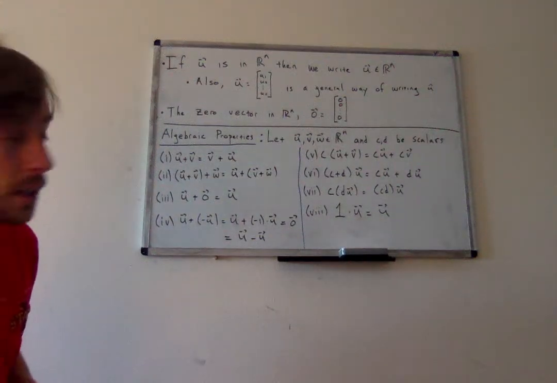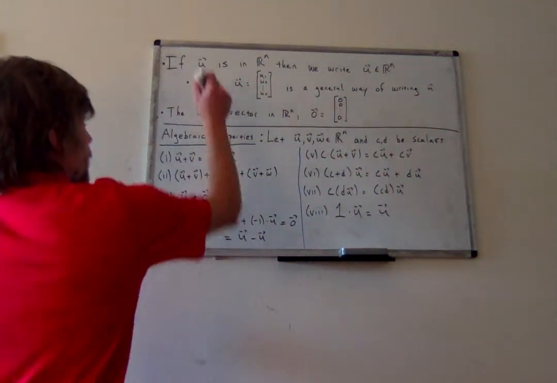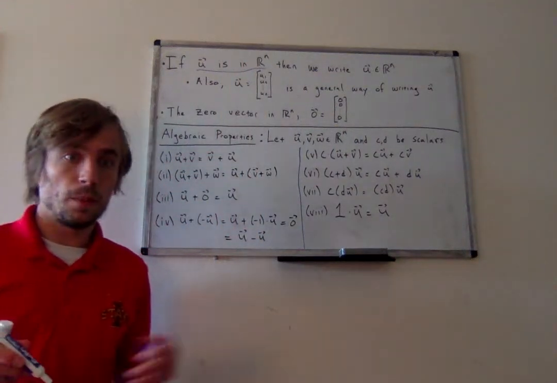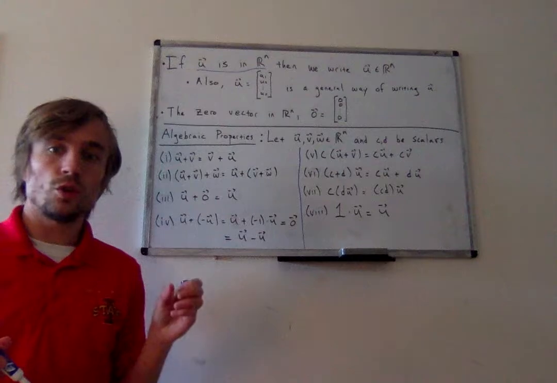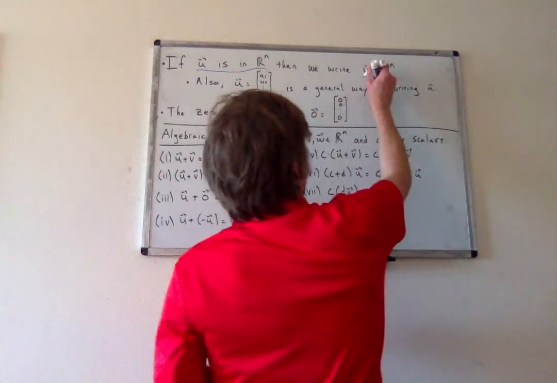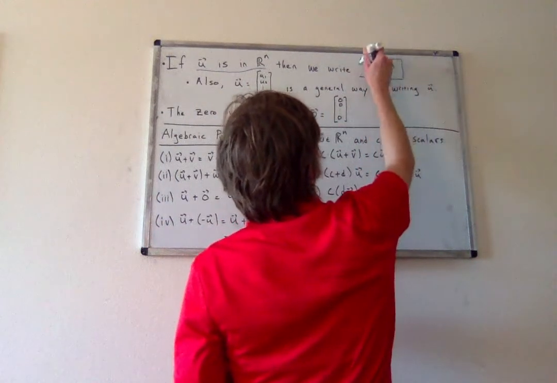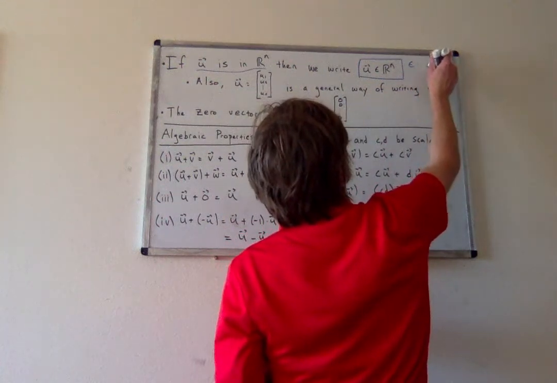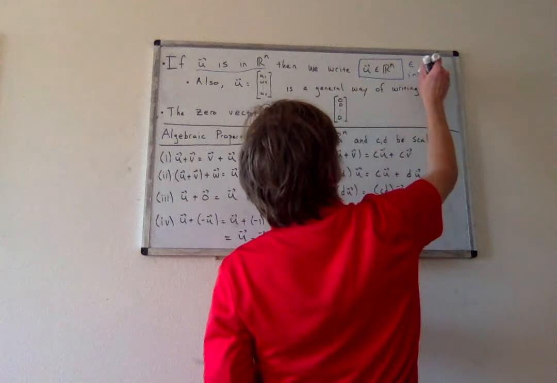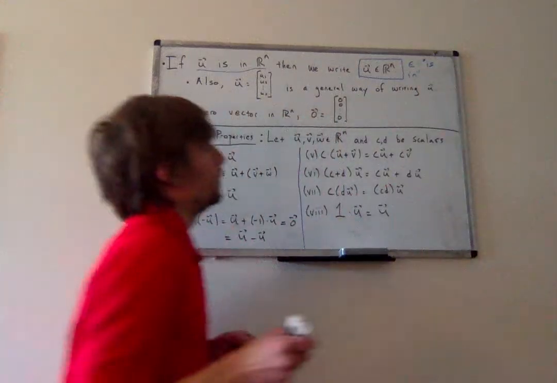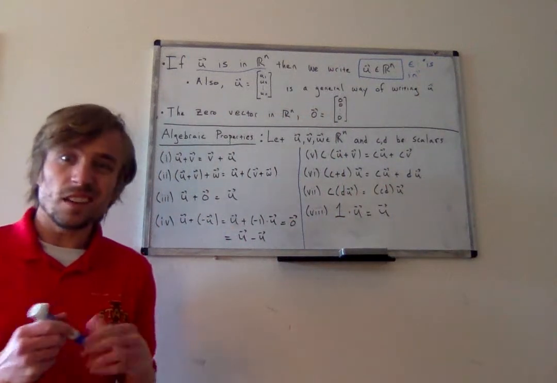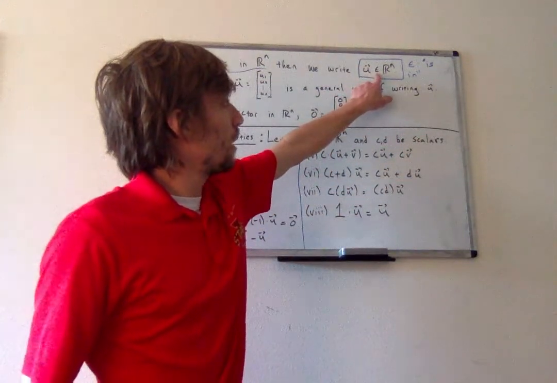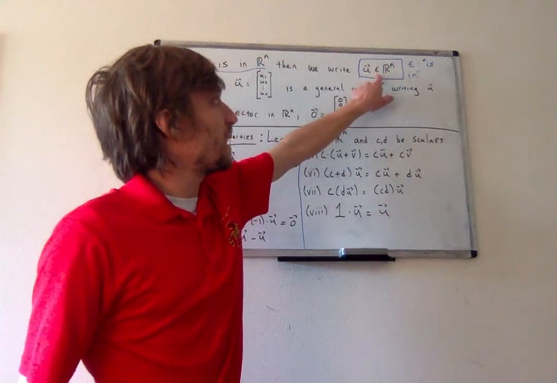So first thing, if u is a vector in Rn, and remember that means that u is a vector of length n, we will sometimes use shorthand notation to write that, and we will instead write this to mean that u is in Rn. And this symbol that sort of looks like an E or maybe an epsilon is meant to be read as "is in."